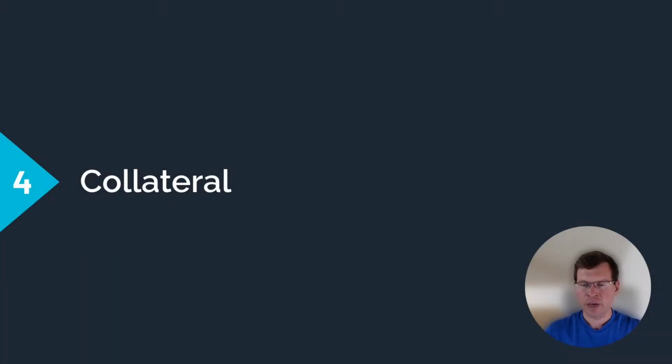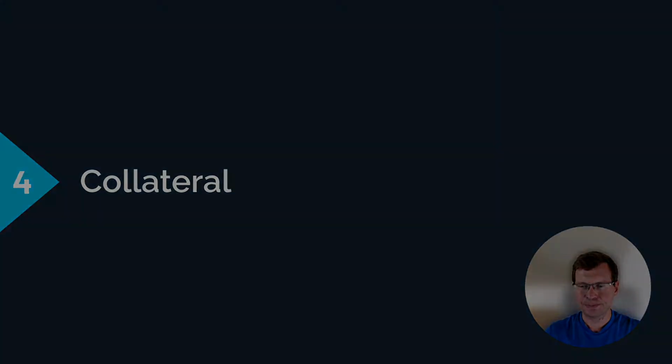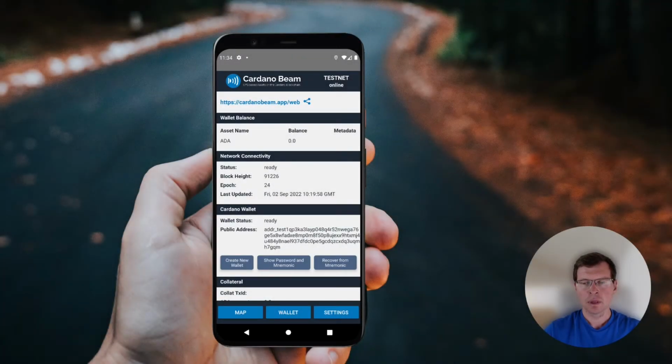The need to have collateral in your wallet. When interacting with smart contracts on the Cardano blockchain, you need to have some collateral in your wallet. And this is needed for the cases where, if you're interacting with a smart contract and for whatever reason the validation of the smart contract fails, then some of that collateral will be taken from you.